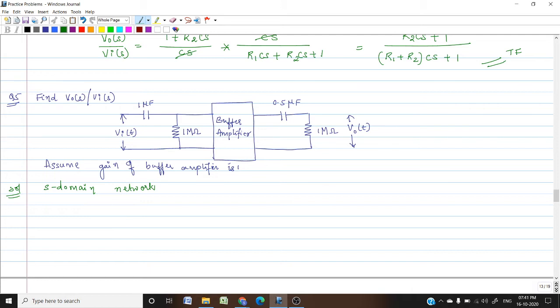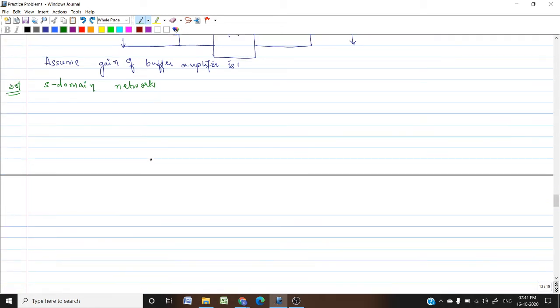The S domain network will be as shown. Vi of S, and this becomes 1 by Cs.